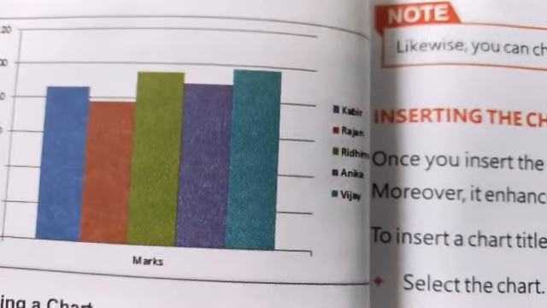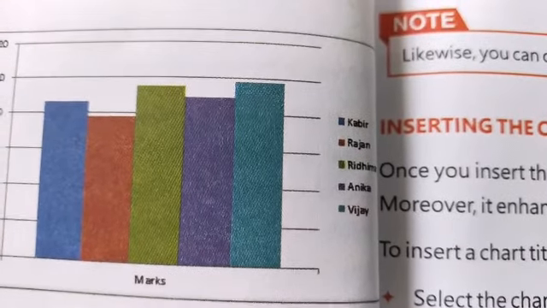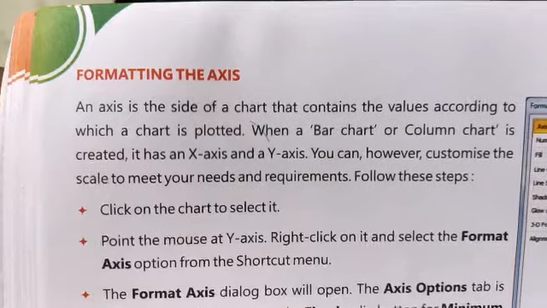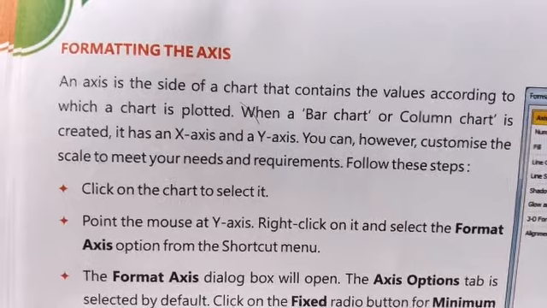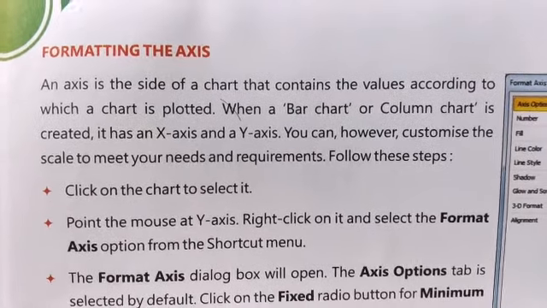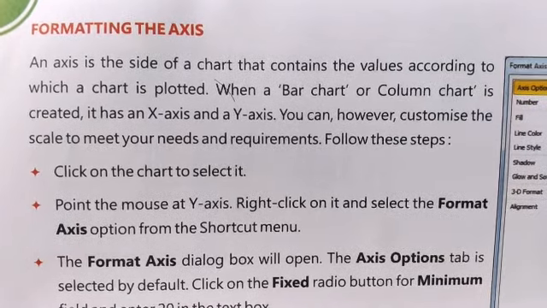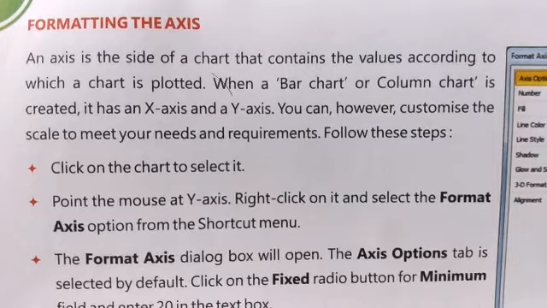The computer uses all of these while creating the chart. So we were talking about formatting the axis of the chart. I have already shown you what the axes are. Now how can you format the axis?